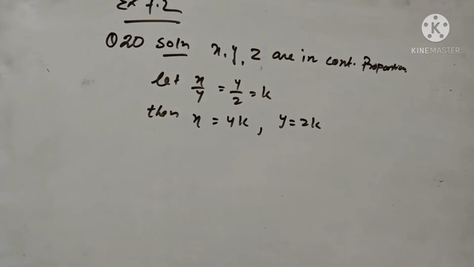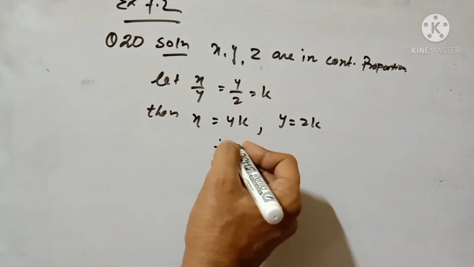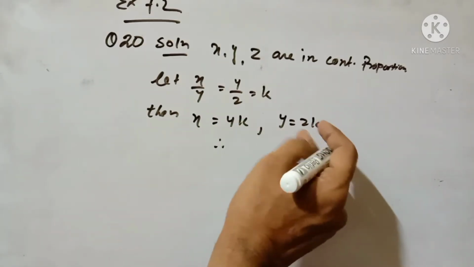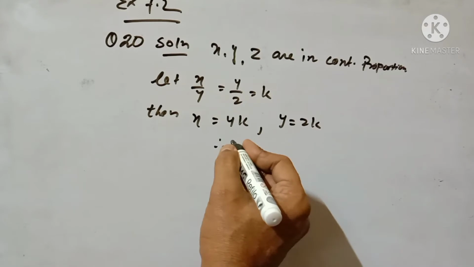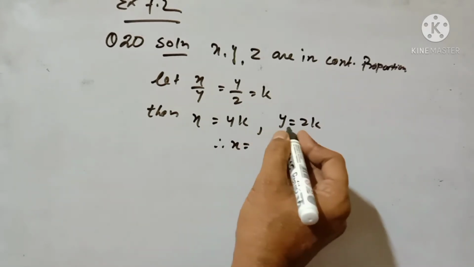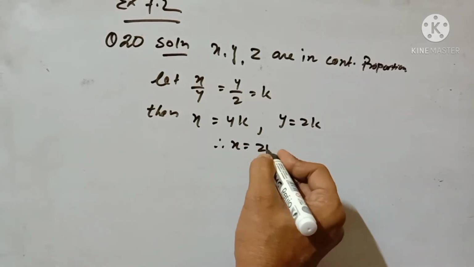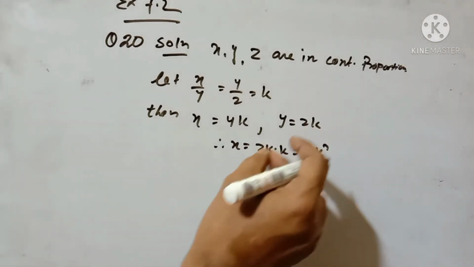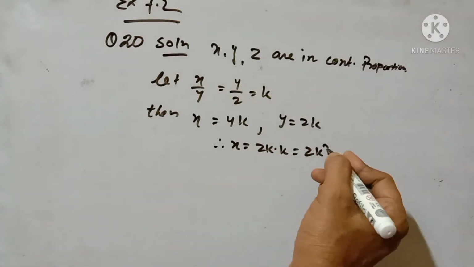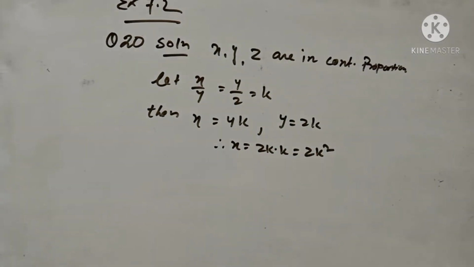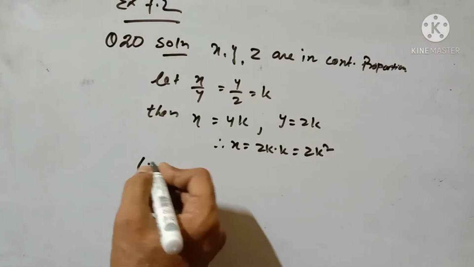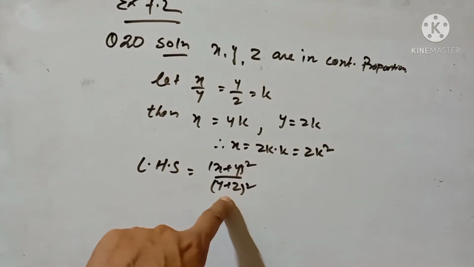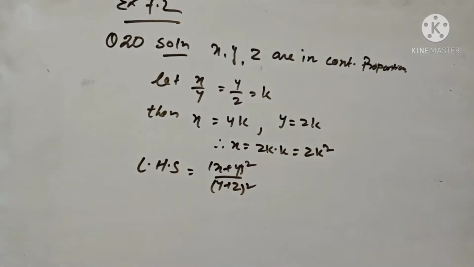Okay, so therefore I can write x. Now the value of y you put here, it will come what? Therefore x equal to what? zk into k, that is what? zk square. This value I put over here. Okay, now according to the question, for LHS we can move. So LHS, x plus y whole square by y plus z whole square, we can write what?